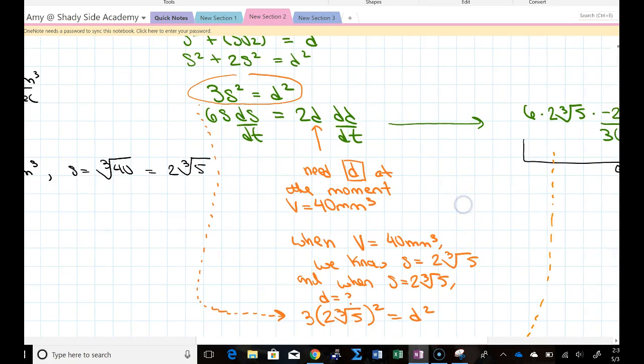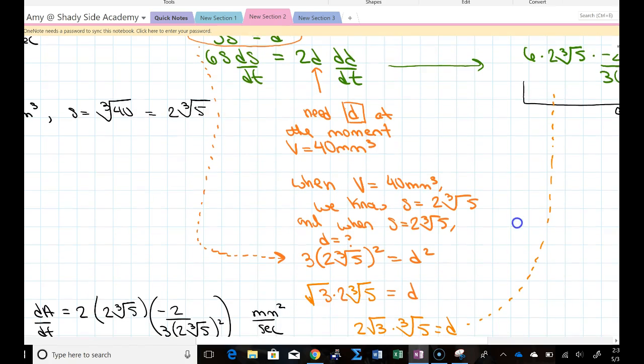And what I did here was, look what I did. When V equals 40, we know S equals that. And when S equals that, D equals question mark. And all I did was I just took this down here and I said, well, when S equals 2 times cube root of 5, I found D squared.